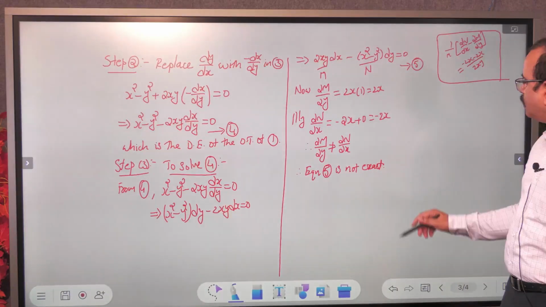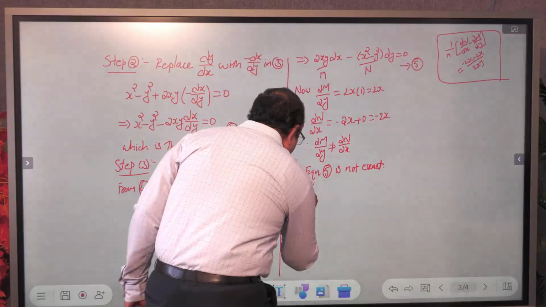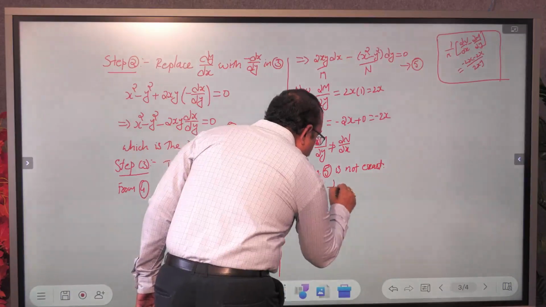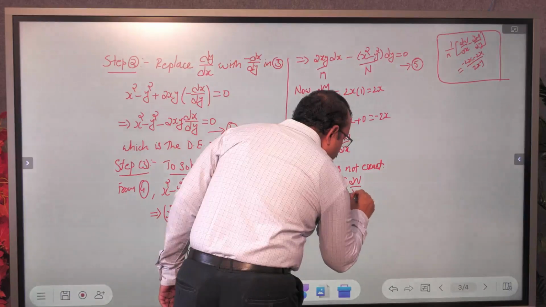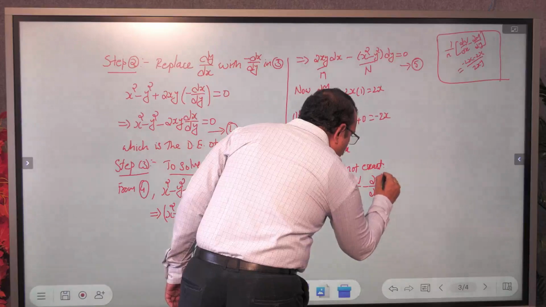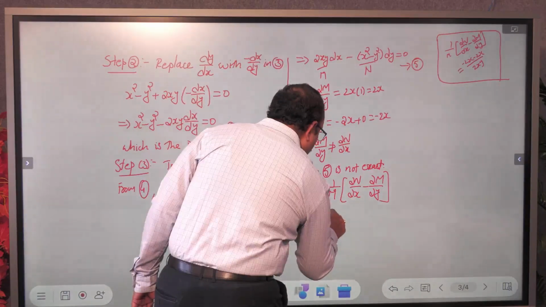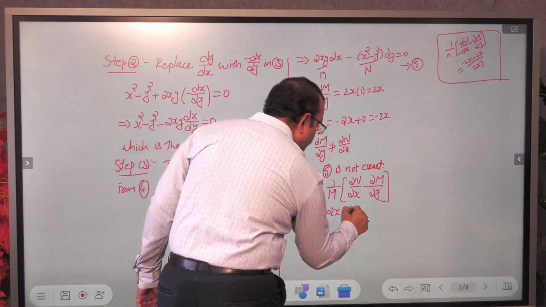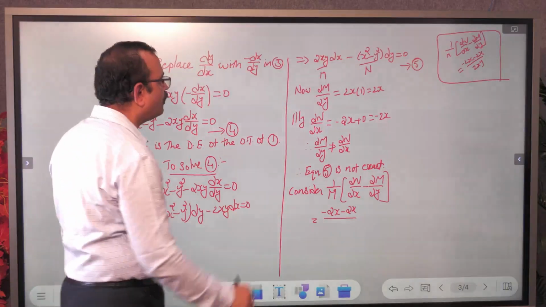Okay. Now we will consider this. Consider 1 by M into (dou N by dou x minus dou M by dou y). Which is equal to, dou N by dou x we have minus 2x, minus dou M by dou y, which is 2x, divided by M. What is M here?